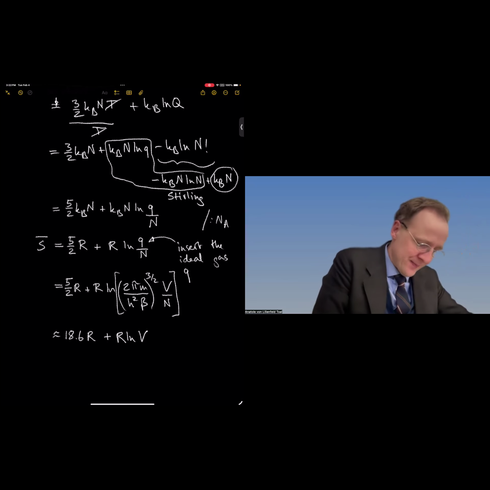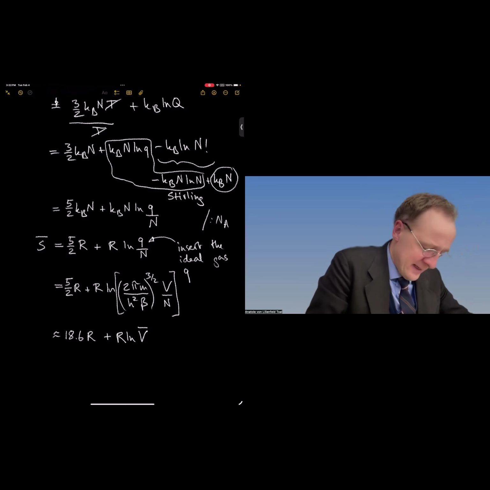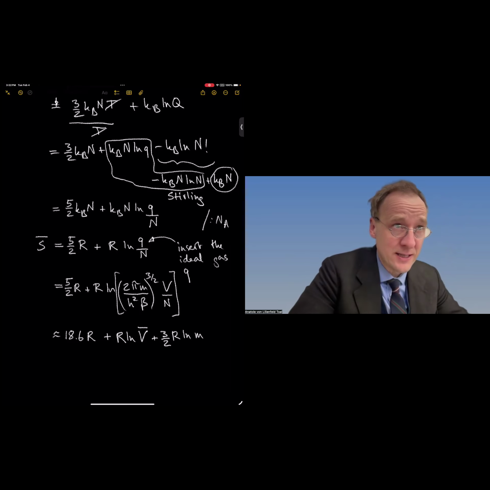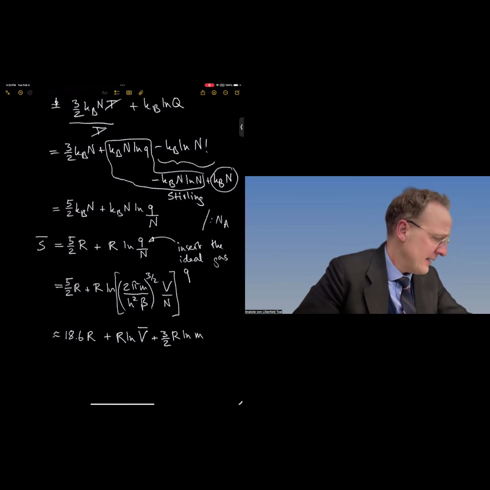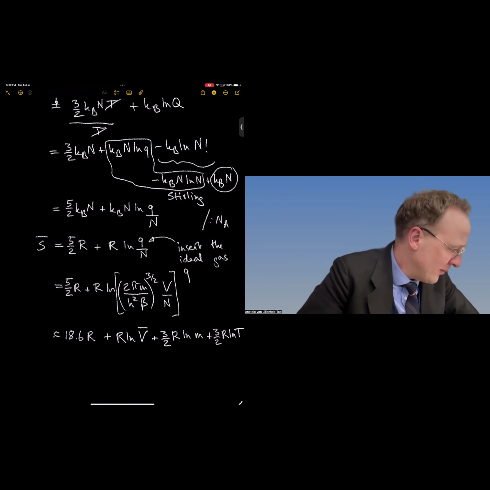I split it out from my logarithm, and then I keep explicit my mass, right? So the mass is something we still want to be able to vary, and the temperature as one more term.